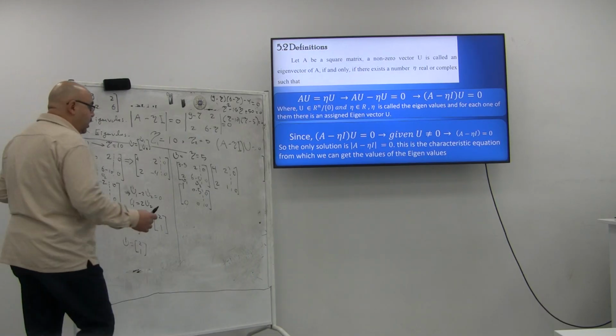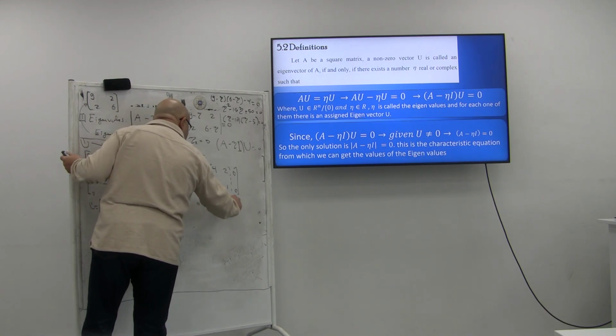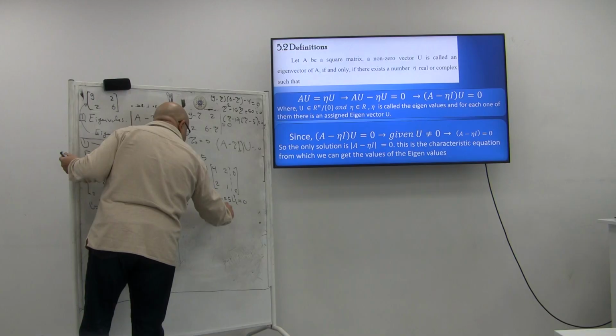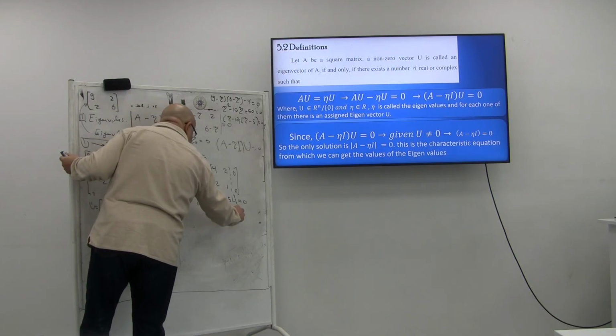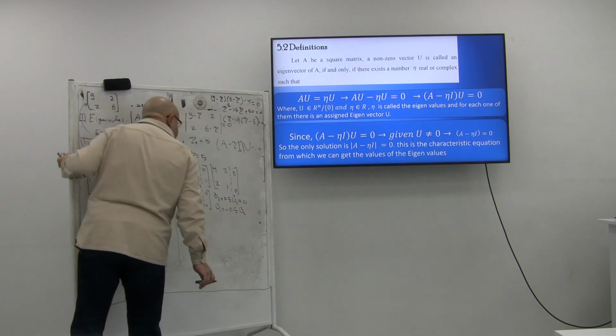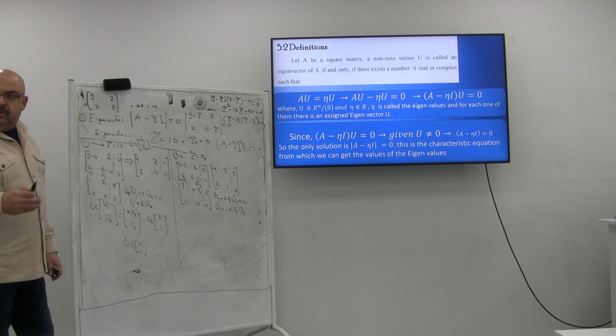So once more, I will have a relation connecting the second vector, first component, with the second vector, second component, and both of them equal to 0. Which means U2 sub 1 is equal to minus 0.5 U2 sub 2. That's the first component in relation to the second component.